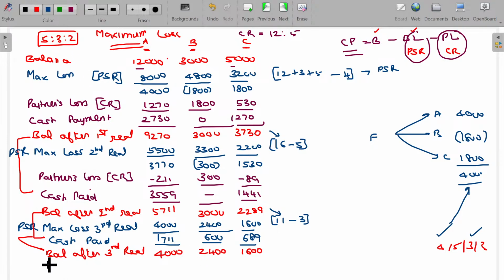Then again, maximum loss on fourth realization. How much money we are supposed to pay? 8,000. What is the fourth realization amount? 3,000.